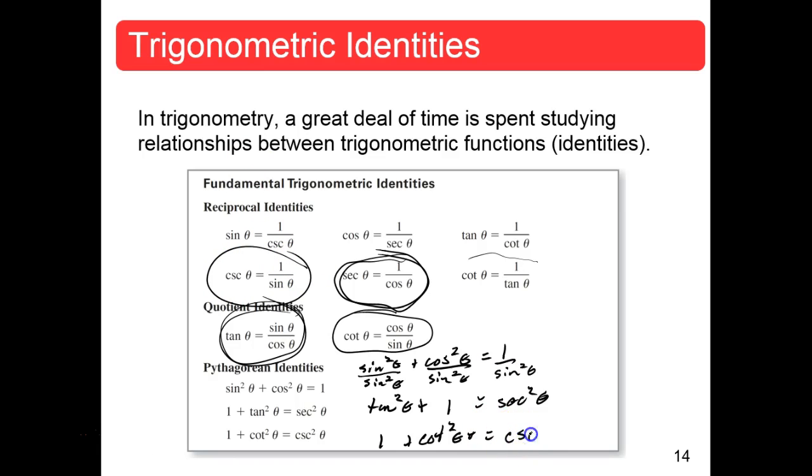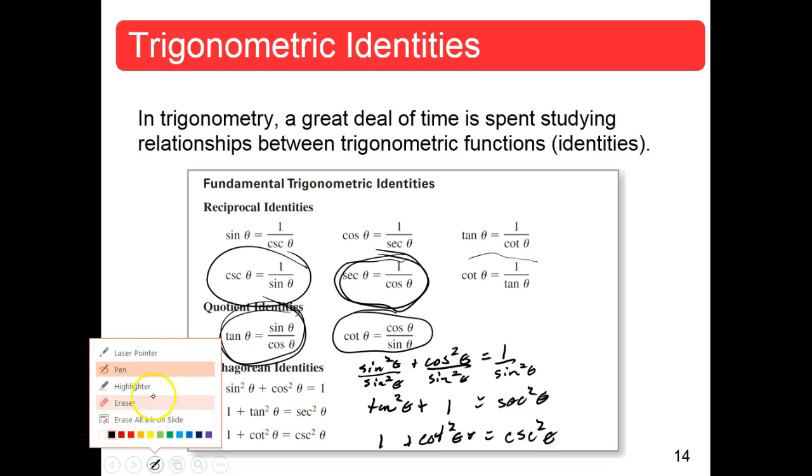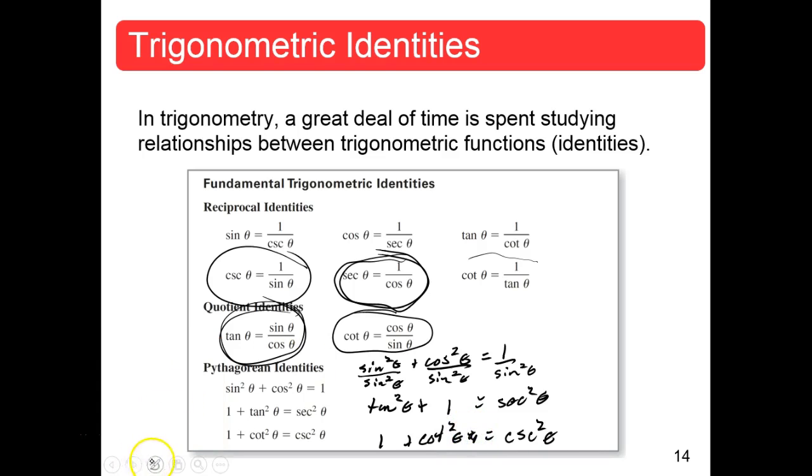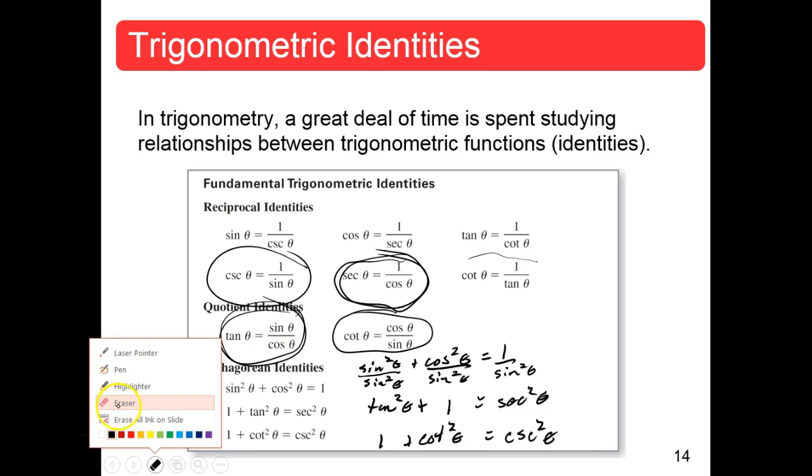Cosecant squared. And there you have this: 1 plus cotangent squared. I don't know what that symbol is there. I think I put 2 equal signs. Oh, that didn't help any, did it? Okay. 1 plus cotangent squared is equal to cosecant squared.